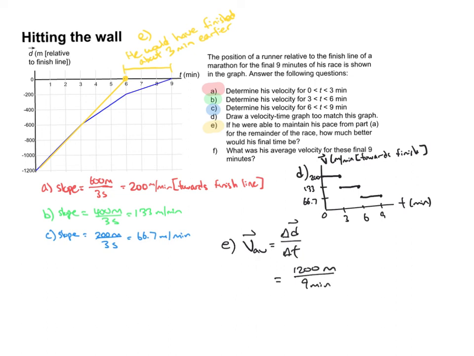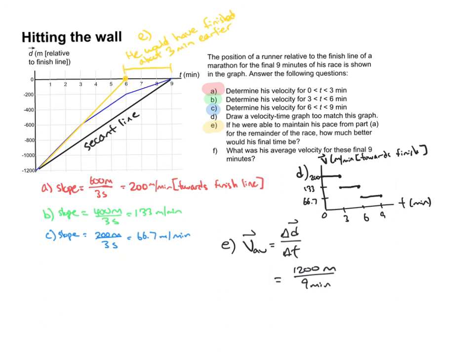So essentially what I did was I found a slope of what we call a secant line. So if I start at the very beginning and draw a straight line to the very end, this is called a secant line. And you just join any 2 points of a graph.